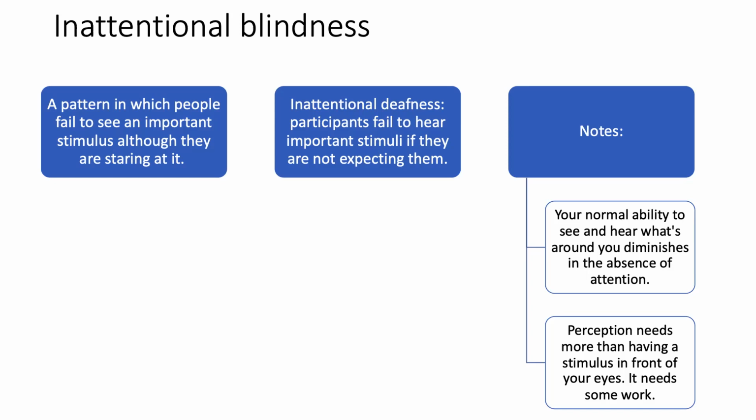Your normal ability to see and hear what's around you diminishes in the absence of attention. That means attention is very important. Perception needs more than having a stimulus in front of your eyes. It needs some work.